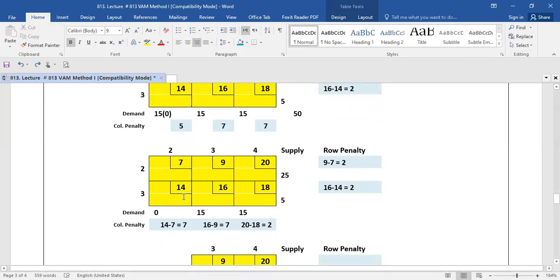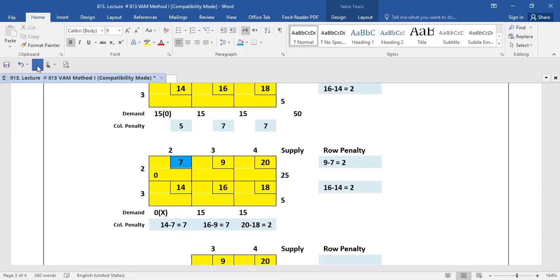In this column, you will see which cell in these two cells has the minimum cost. This cell has the minimum cost, so I have highlighted this. Now you will make your allocation here. Your demand is 0 and supply is 25. You will put 0 in this and put cross sign in front of 0.